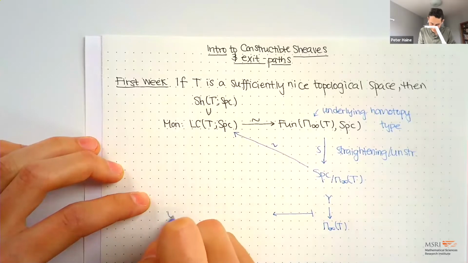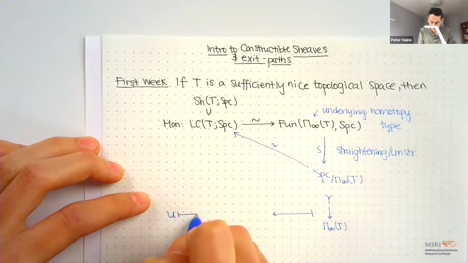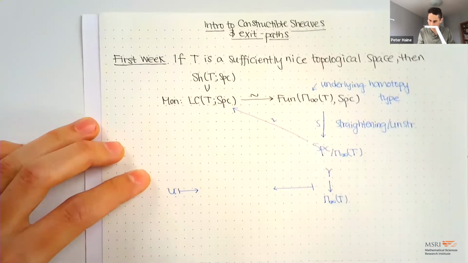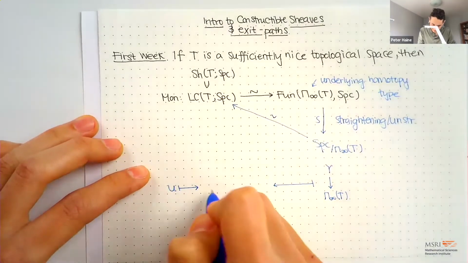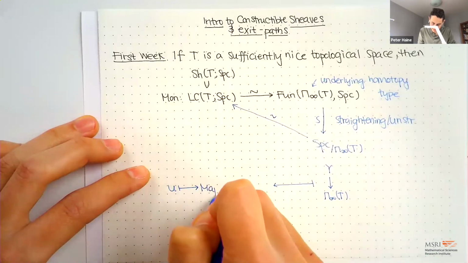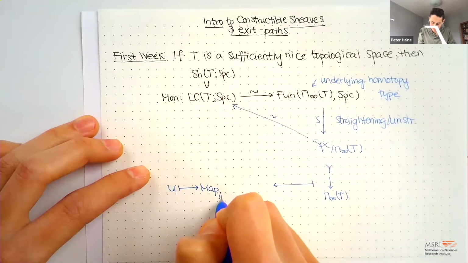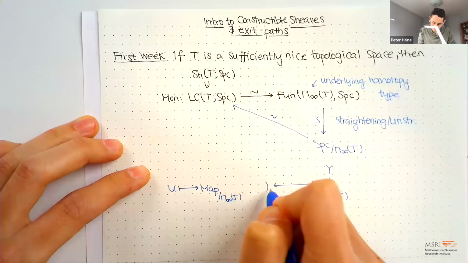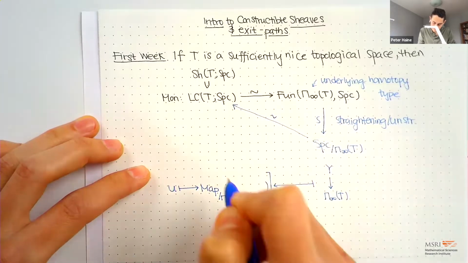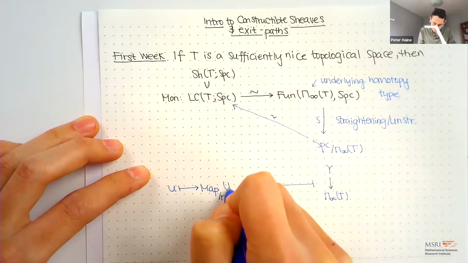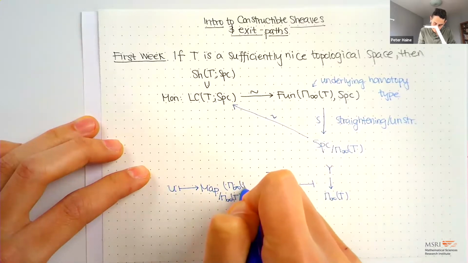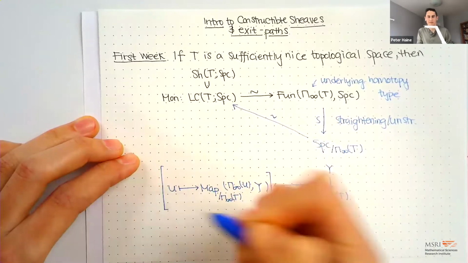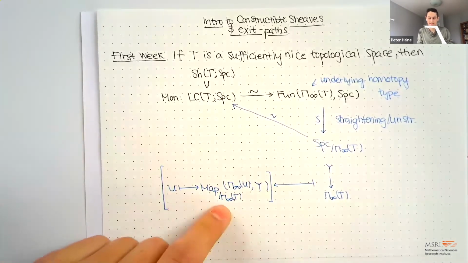The pre-sheaf is going to send some U, an open subset of the topological space T, to maps over this homotopy type into Y from the underlying homotopy type of U. So clearly this is a pre-sheaf.